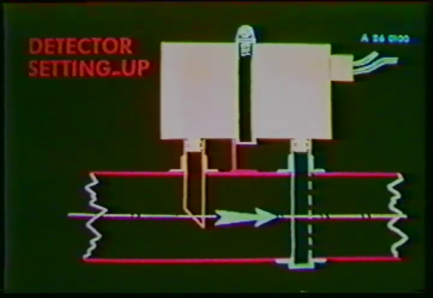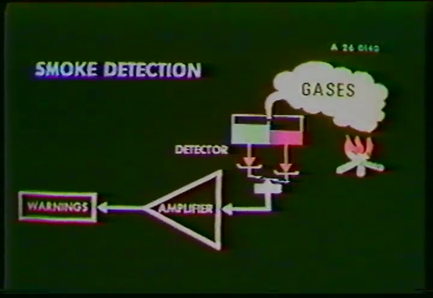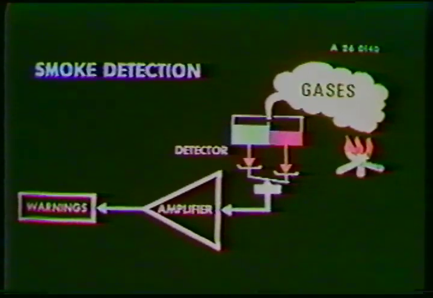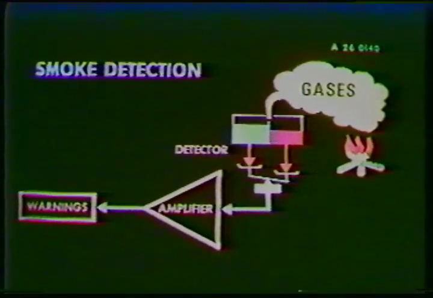They react to the combustion gases, whether visible or not, which accompany the beginning of fire. When the gases enter the detector, they modify the balance between two ionization chambers. This modification is amplified in order to trigger the local warning, always accompanied by the smoke light on the MWS and the repetitive chime.